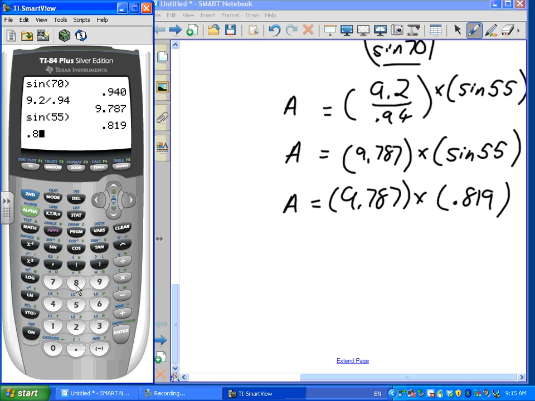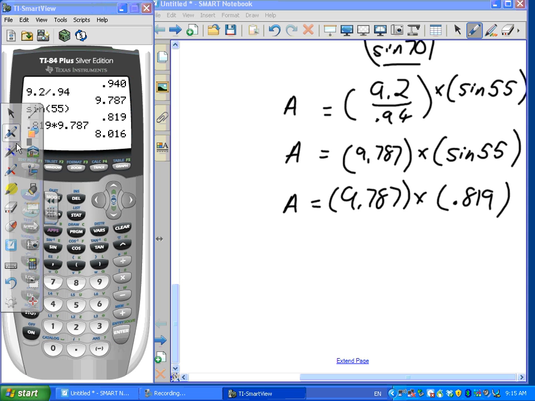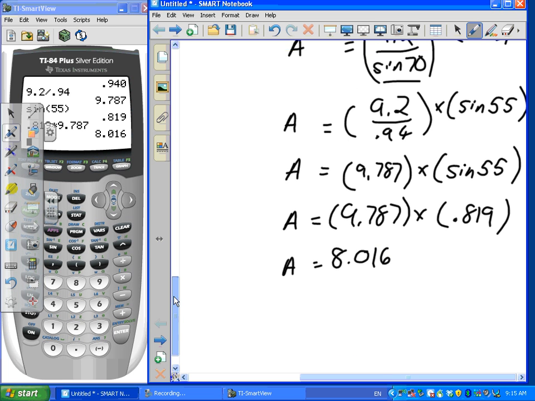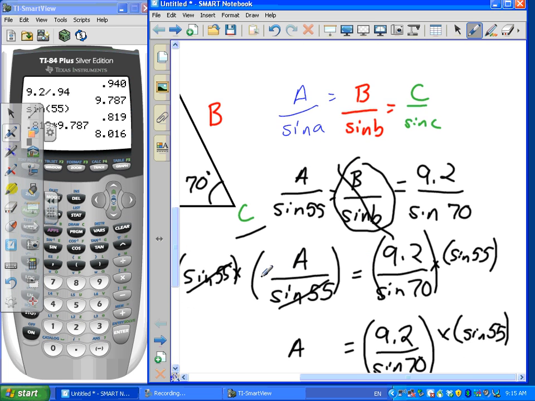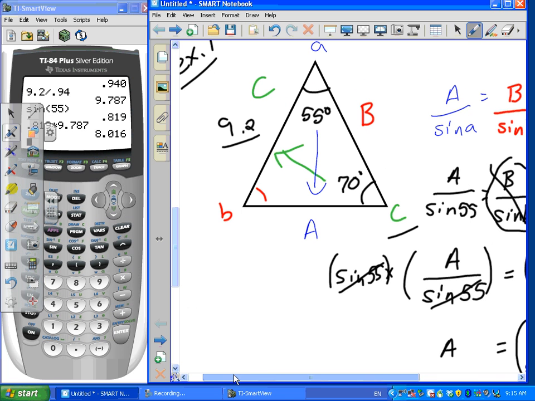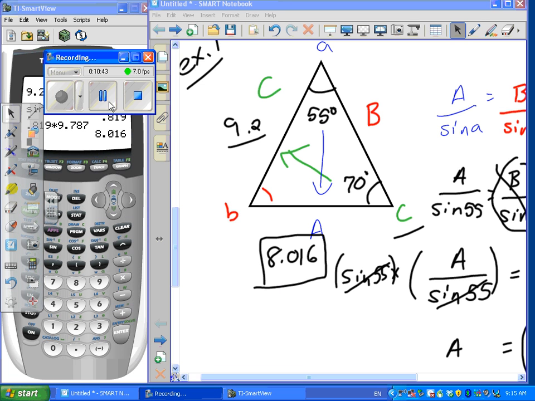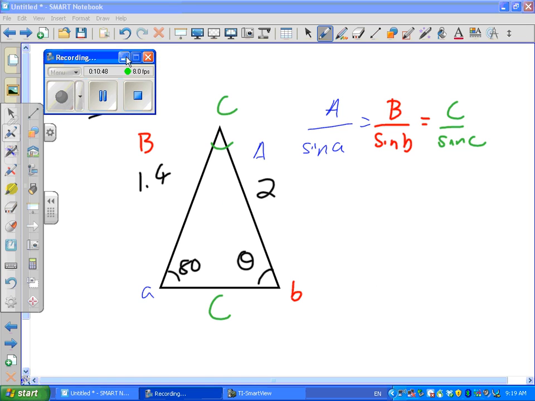So 0.819 times 9.787 equals, A is equal to 8.016. So, according to our calculations, I go back up here. Side A is 8.016. We solved for our side A. That was our x in the equation.